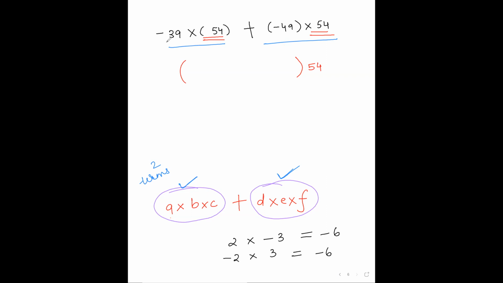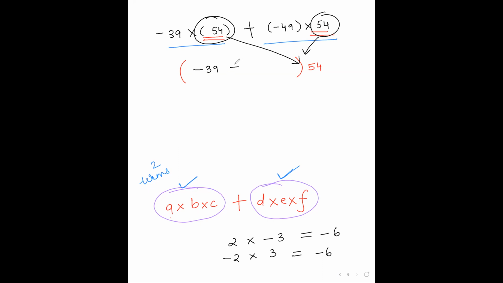Till here it's clear, no? Now, see, I have taken 54 outside. This 54 I have taken outside, and this 54 I have taken outside. What is remaining in the two terms? What's remaining after taking 54 common outside? Minus 39 and minus 49.